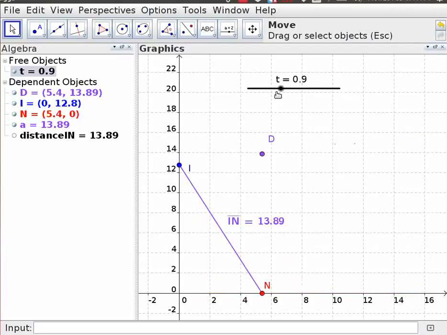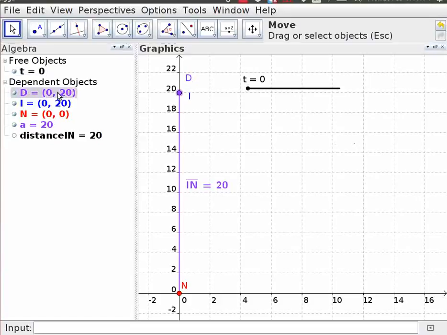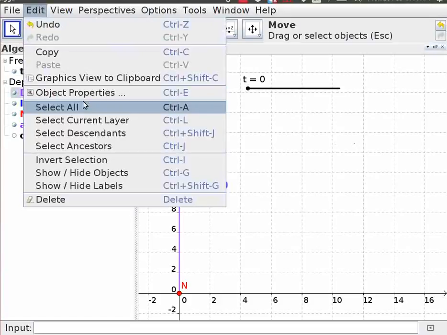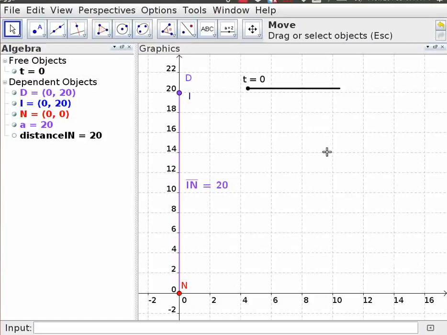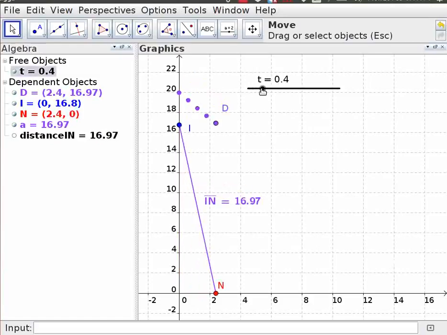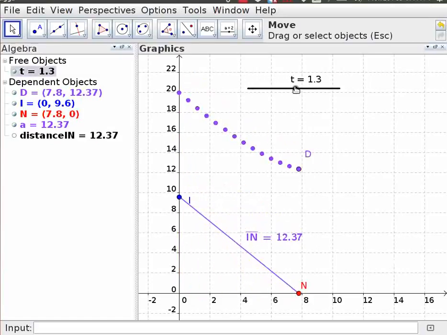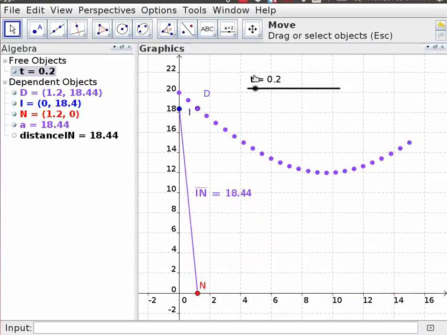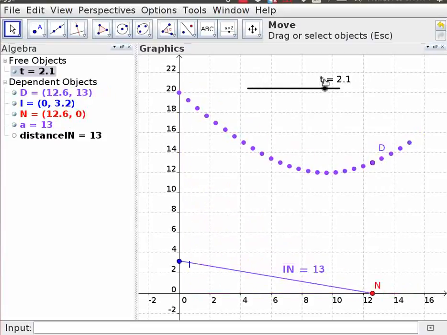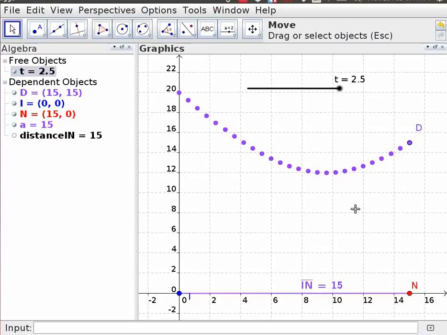I can actually do something quite interesting here with GeoGebra, which is go into this object's properties and say I want to see the trace of it. Now I can show what that distance is as we scan through time here. You can see there's a distinctive minimum here.